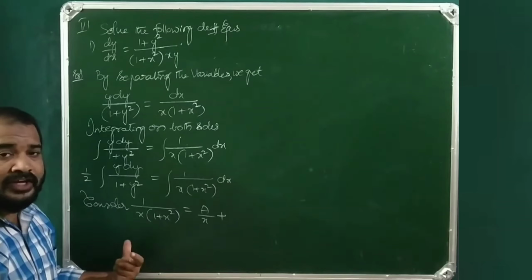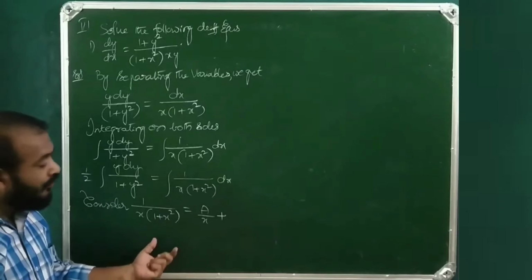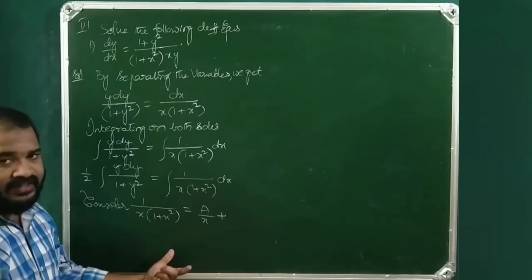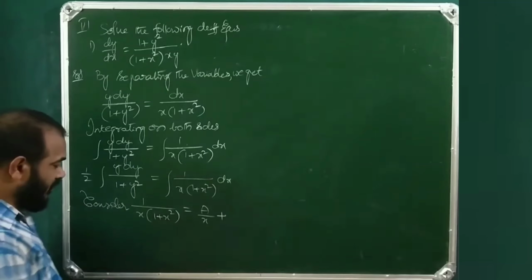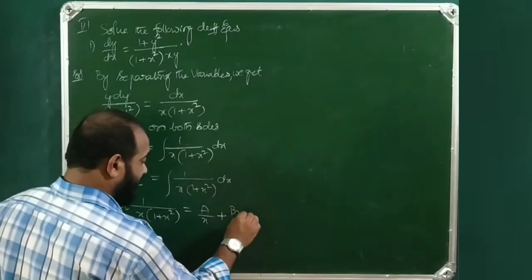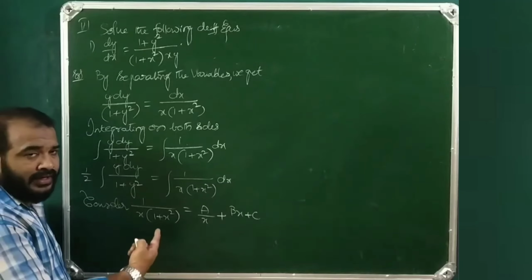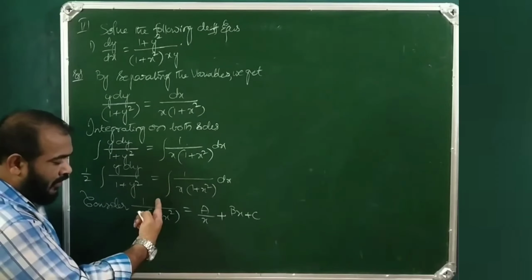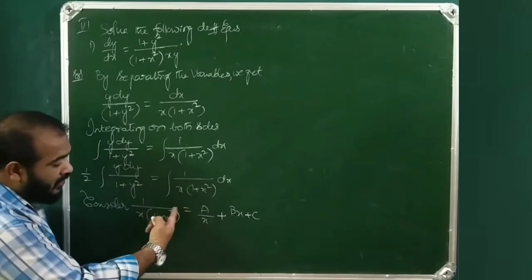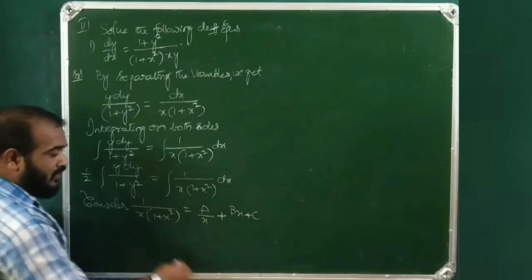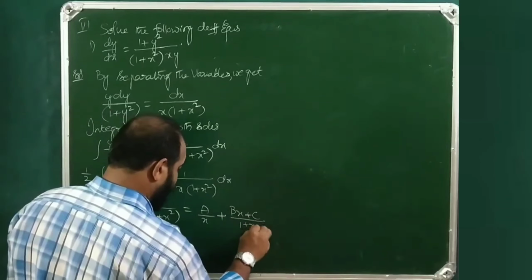That factor which we cannot reduce further, we cannot split it into further factors, we cannot decompose. This is bx plus c by 1 plus x square, which we have learnt in partial fractions in indefinite integrals. Under the heading partial fractions, we have learnt all these things.